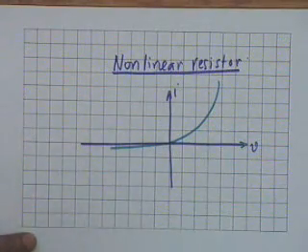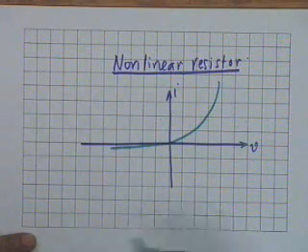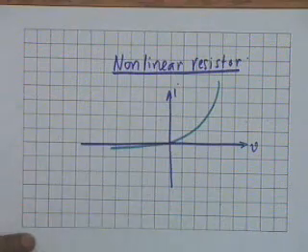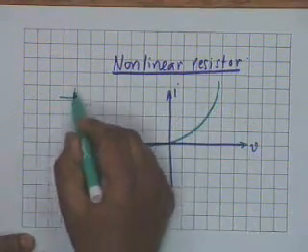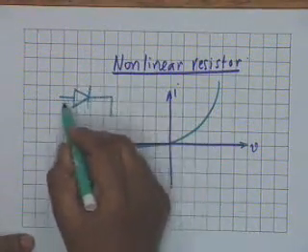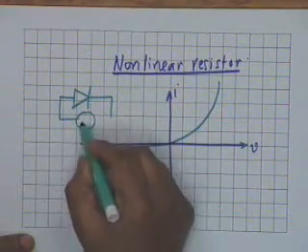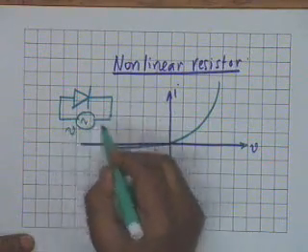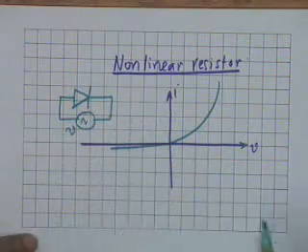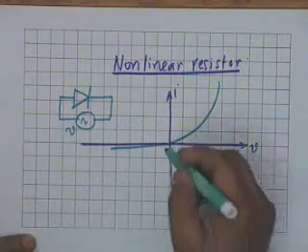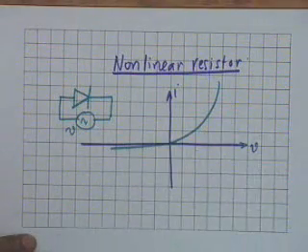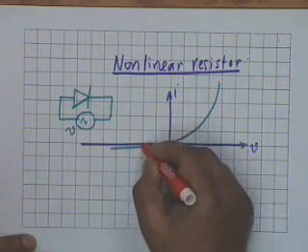And then what you do is you apply, let's say, a sinusoidal voltage to the diode. That is, you have a diode, this is the symbol for a diode, and you apply a sinusoidal voltage V. Sinusoidal voltage means that the voltage varies like this, let's say.